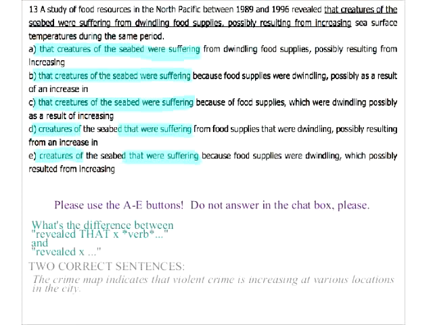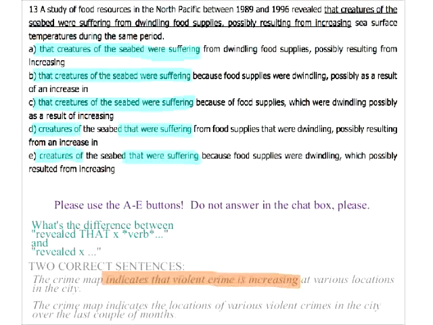Another correct sentence is the crime map indicates the locations of various violent crimes in the city over the last couple of months. So both of these are actually correct. So let's talk about the difference in what's going on here. We have indicates that violent crime is increasing versus indicates the locations. Like, what's the difference here?